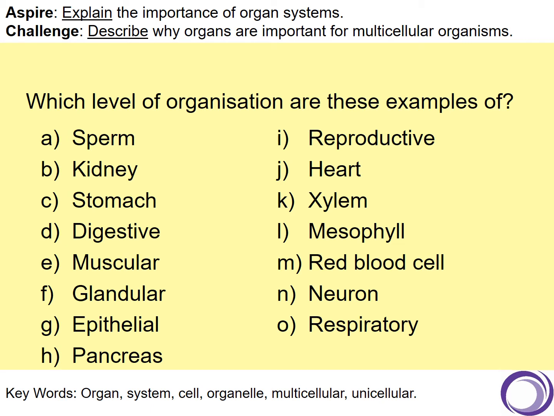Okay, and so then go on to kidney, then go on to stomach. Listen, I'm happy if you write in your book A, cell, B, whatever you think it is, C, etc. There's 2, 4, 6, 8, 10, 12, 14, 15. Shouldn't really take you more than 3 minutes. Off you go.